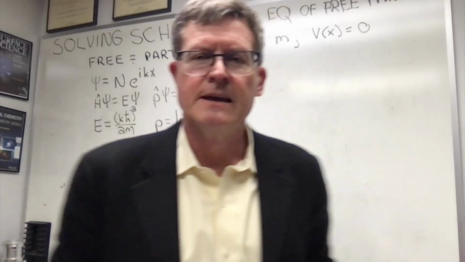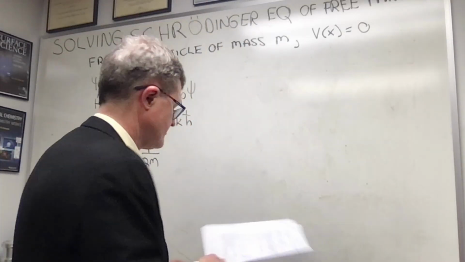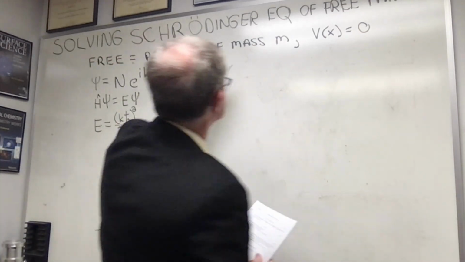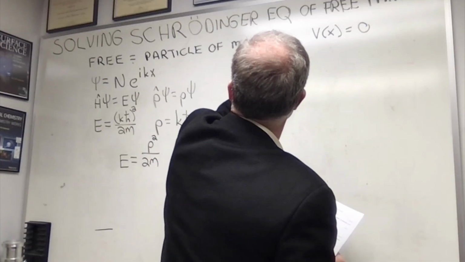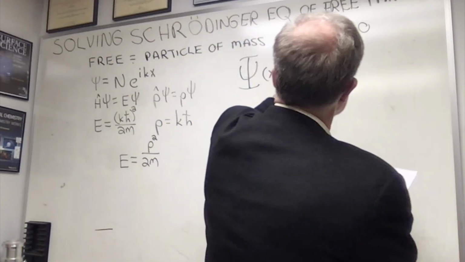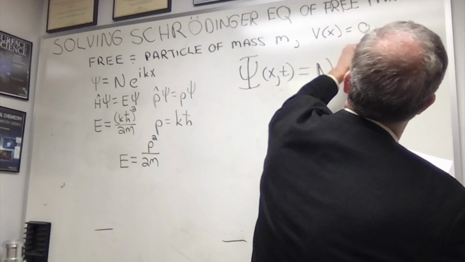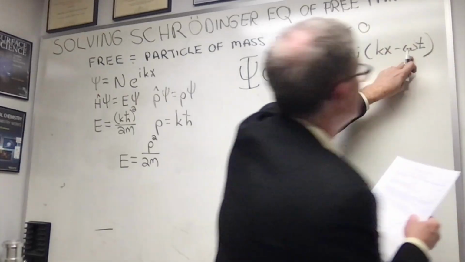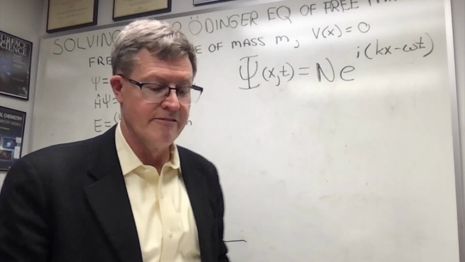So what if we looked at the time-dependent wave function of a plane wave? In that case, the time-dependent wave function depends on both x and t, and would be equal to some normalization constant times e to the i times the quantity kx minus omega t. Omega is an angular frequency, k being our wave vector.